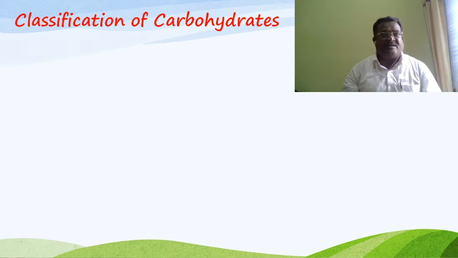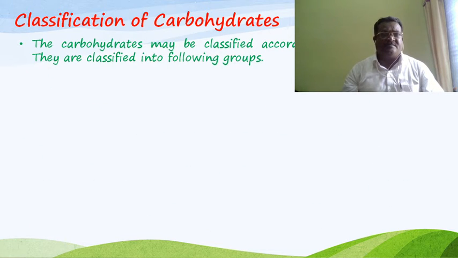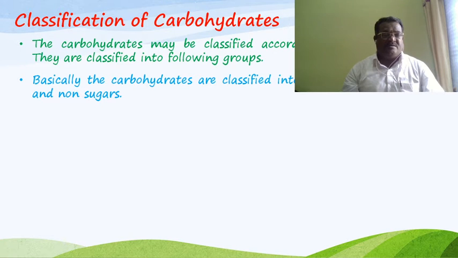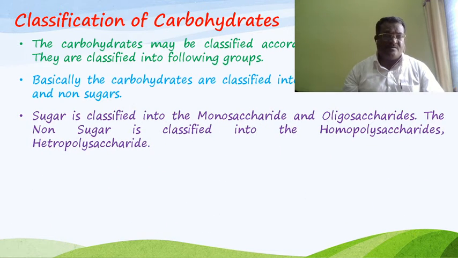Now let us start the classification of carbohydrates. We know that carbohydrates may be classified according to their complexity. Basically, carbohydrates are classified into two main groups, sugar and non-sugar.